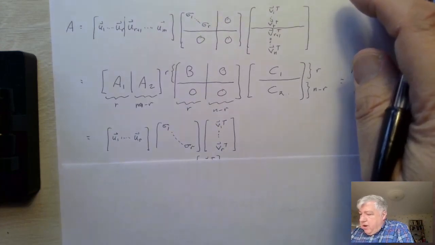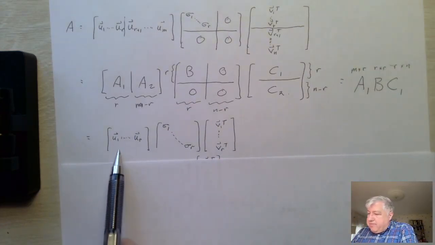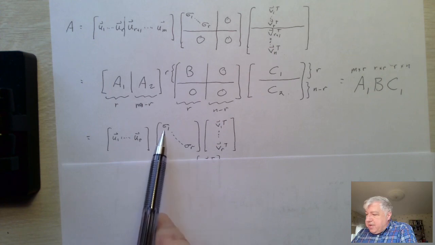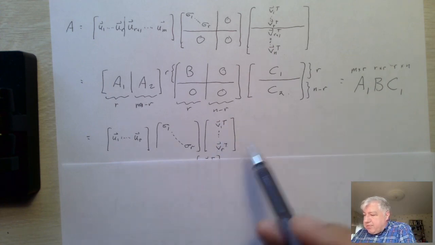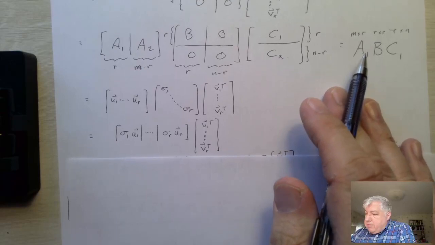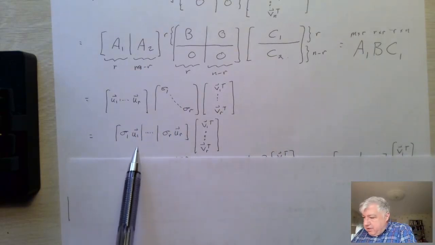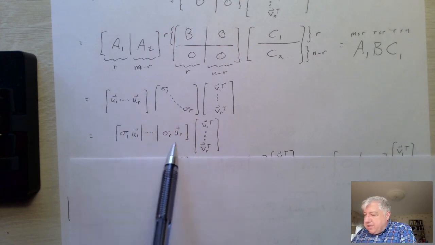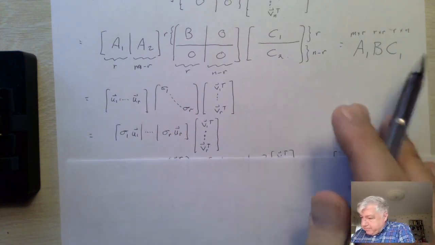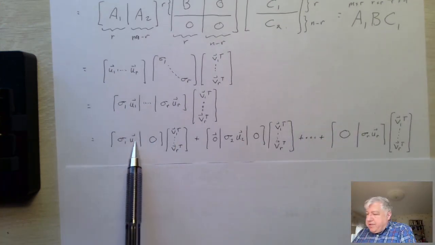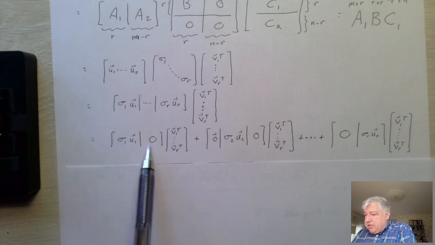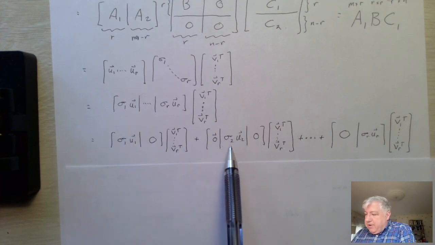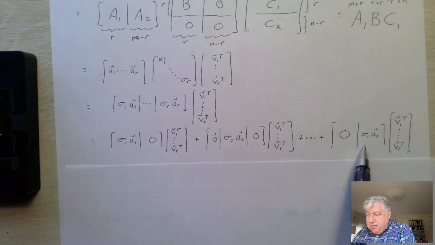So as a result, A1 is this matrix, B is this matrix, and C1 is this matrix, and we can multiply these together. B is just a diagonal matrix, so we're just multiplying these vectors by the sigmas. You can break this matrix up as the first column plus all zeros, plus another matrix where you have all zero columns except the second column, which is sigma 2 u2, and so on.